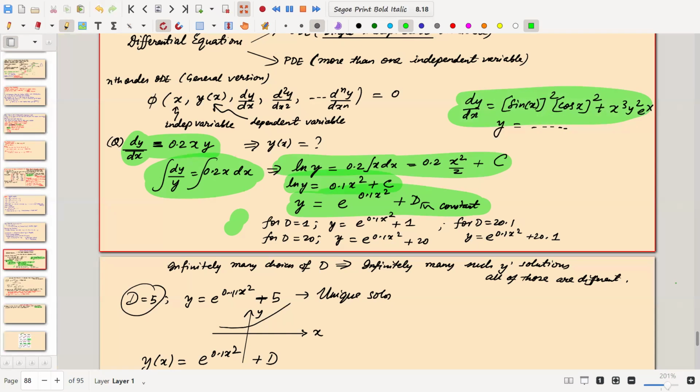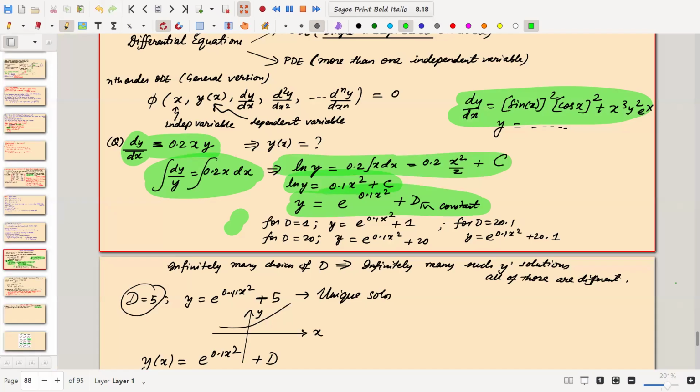Therefore, we can devise numerical methods for that. We cannot get a closed form solution like y equal to something that we can write, but we can generate the data, and the data will be the solutions.